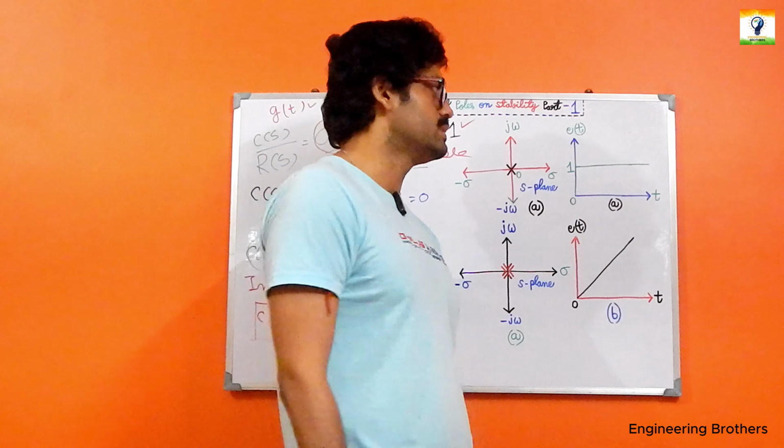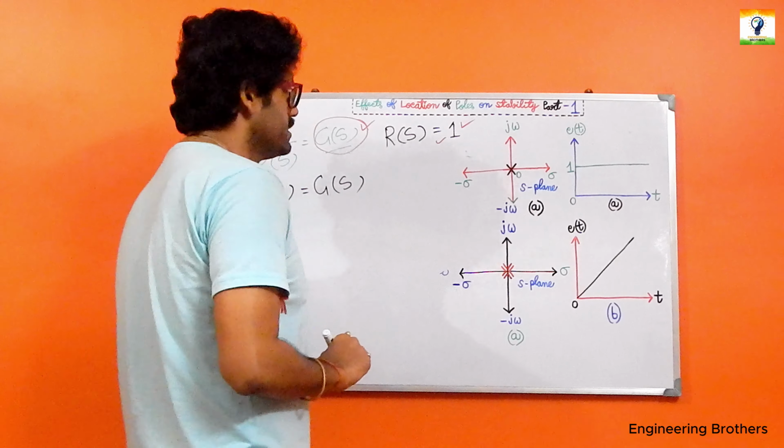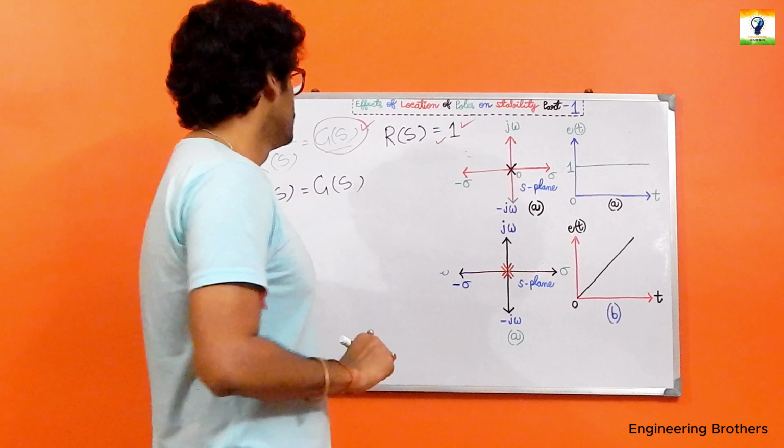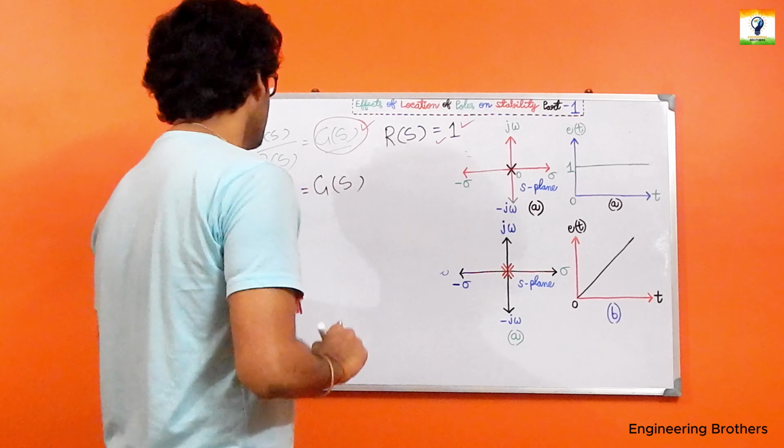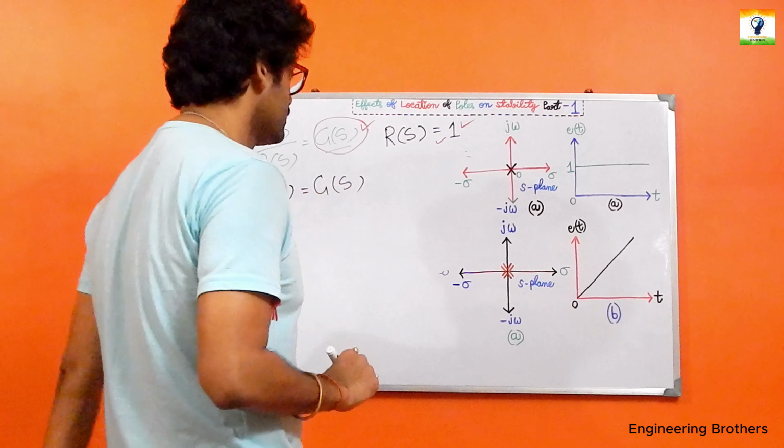Once again, if you apply the impulse response in our given equation, C(s) is equal to G(s). Why? After we have considered the input as an impulse, R(s) will be 1, and quite naturally C(s) will be G(s).